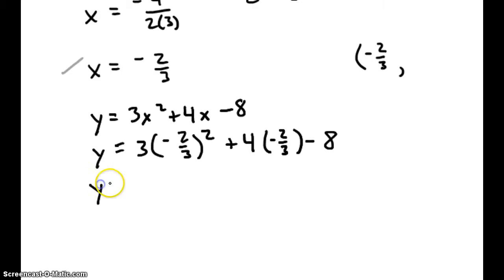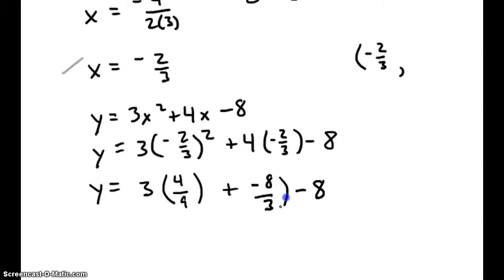And this will give me y is equal to 3 times negative 4 over, if I multiply a negative times a negative, I get a positive, and then if I square 2/3, I get 4/9 plus 4 times negative 2/3 is negative 8 over 3 minus 8.